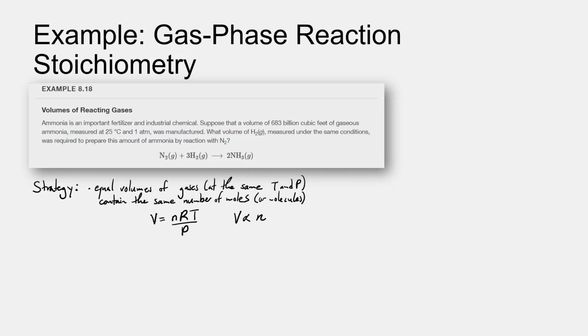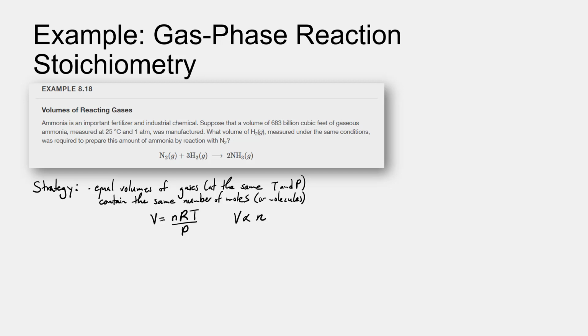The key thing to recognize to make this problem straightforward to solve in one step is that equal volumes of gases under the same temperature and pressure conditions, that's important, must contain the same number of moles or molecules, because volume, according to the ideal gas law, is equal to n, the number of moles, times the gas constant, times T, the temperature, divided by P, the pressure.